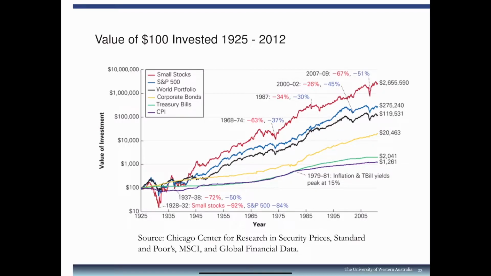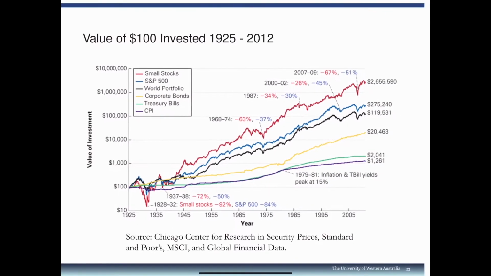The ones with the lowest risk, CPI and treasury bills, give you the lowest return, right? But the ones with higher risk, in particular small stocks, which generate the highest uncertainty, give more. We haven't really defined what risk is, but you can think of it as a lot of bumps, peaks and troughs, lots of nervousness, which would be small stocks.